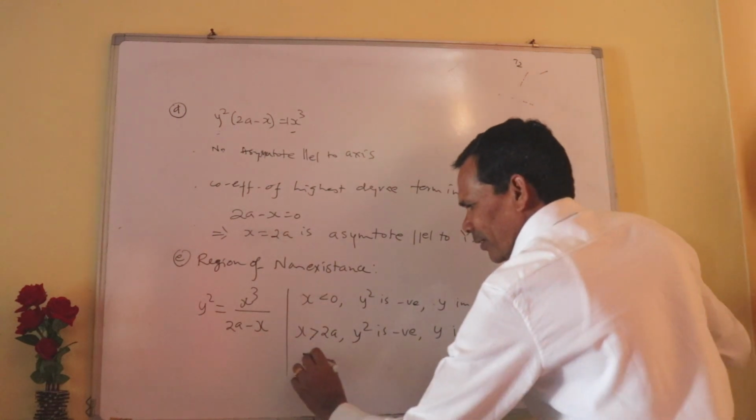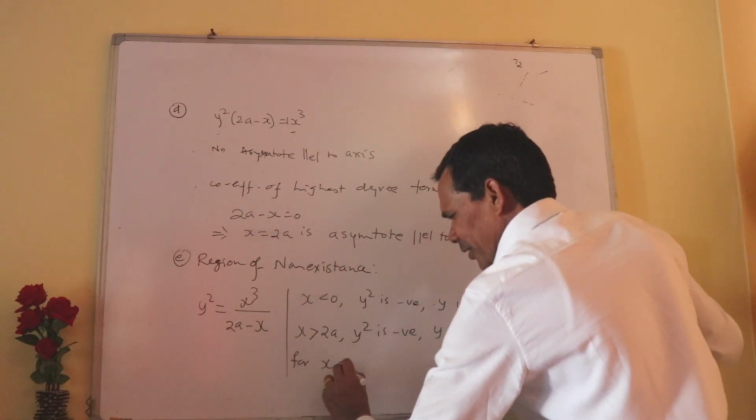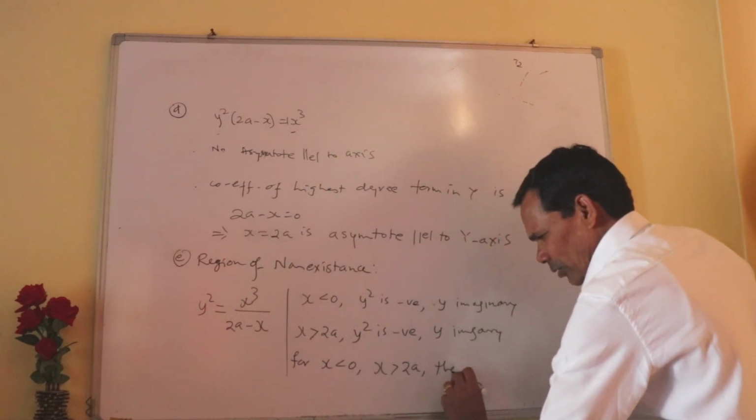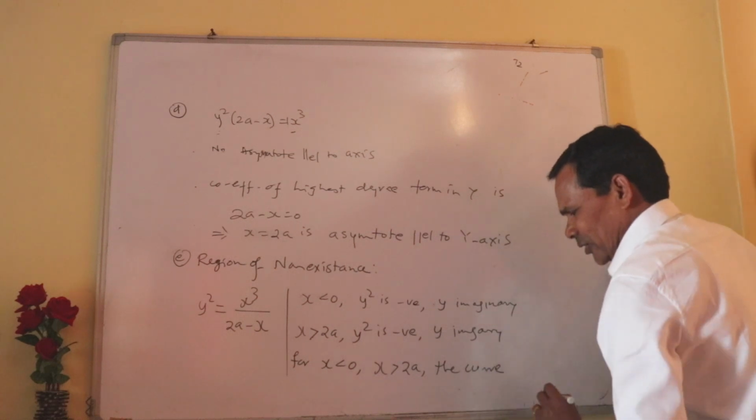So for x negative and x greater than 2a, the curve does not exist.